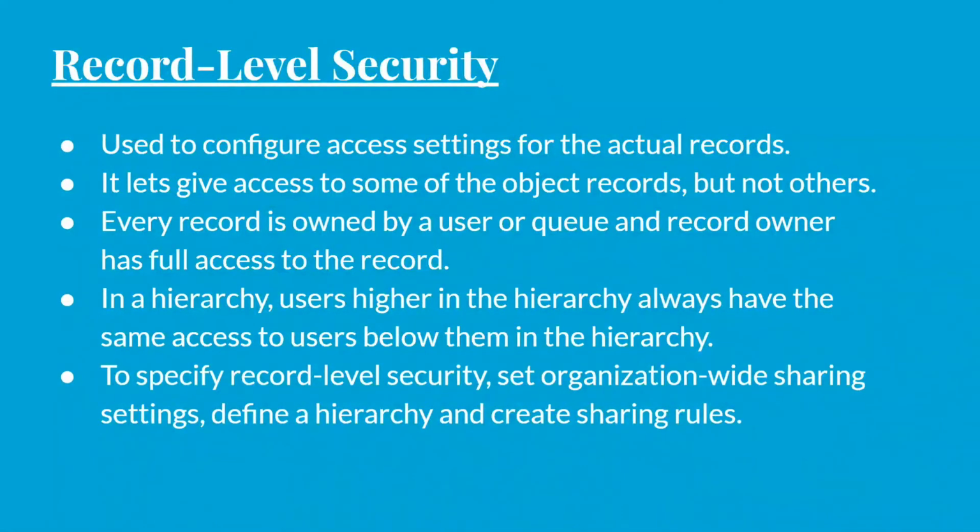So you have something called organization wide sharing settings, where you can define, in the whole organization, what the basic level of access would be for that particular object or that particular record. So that would be defined at the organization wide level.